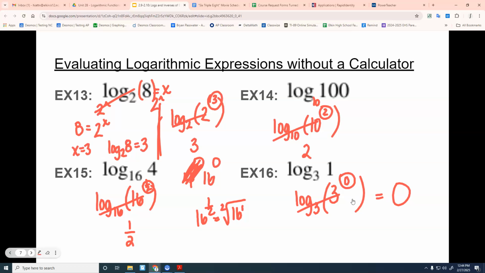Now, let's put ourselves a note here, because this is important. Log base b of 1 always equals 0, no matter what b is.